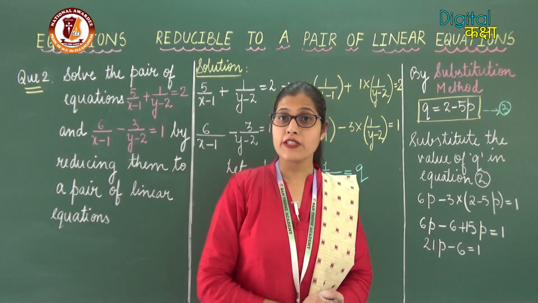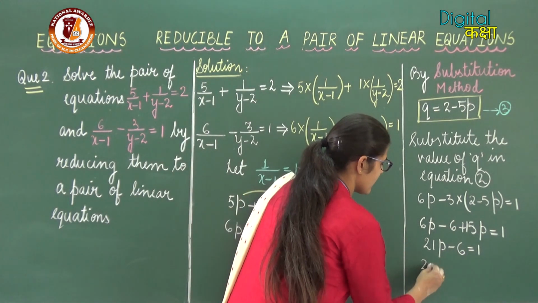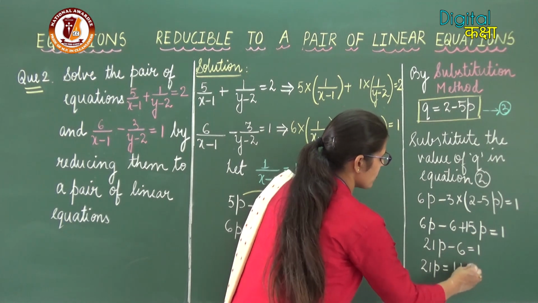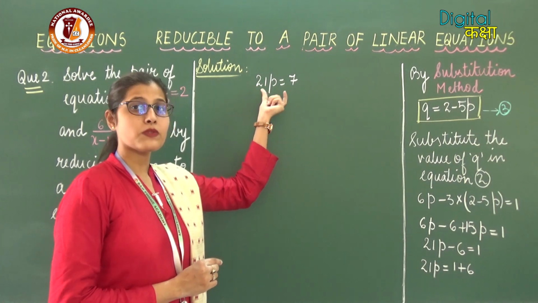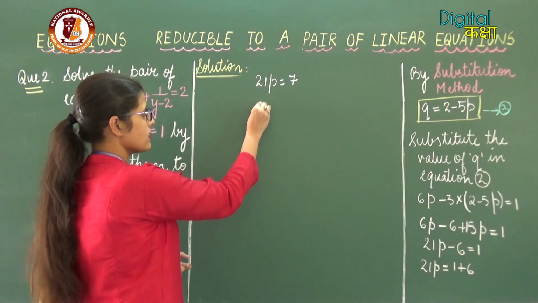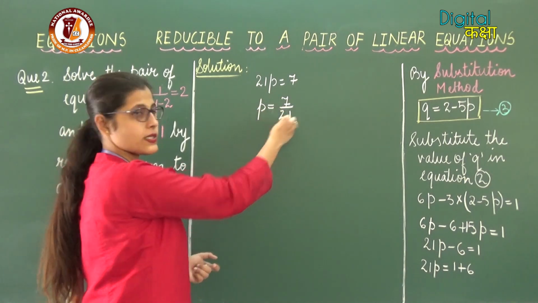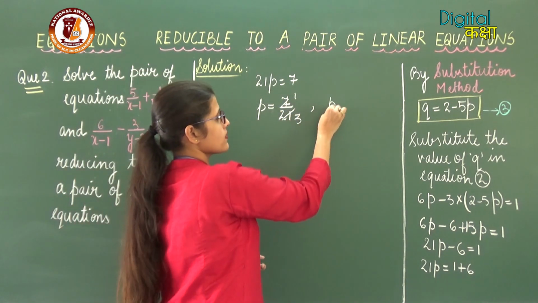Now, I will be shifting the constant on one side. So, 21p equals to 1 plus 6. So, 21p equals to 7. Thus, the value of p is 7 upon 21, which is equals to 1 upon 3.